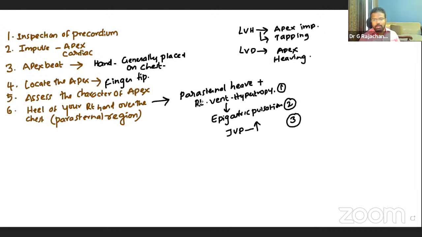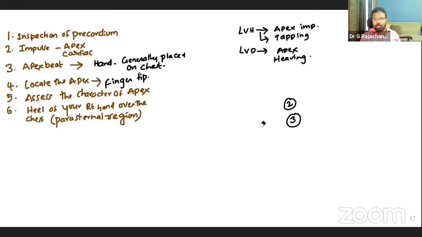But when you have a right ventricular hypertrophy, the first thing is there is a parasternal heave. It doesn't stop there. There will be epigastric pulsations, and most of the patients will come with elevated jugular venous pulsations. JVP will be elevated. Any questions still here? If no, we will move a little more quickly.